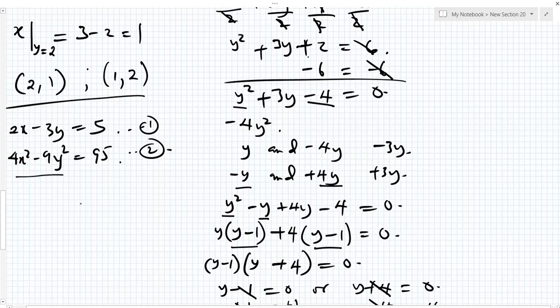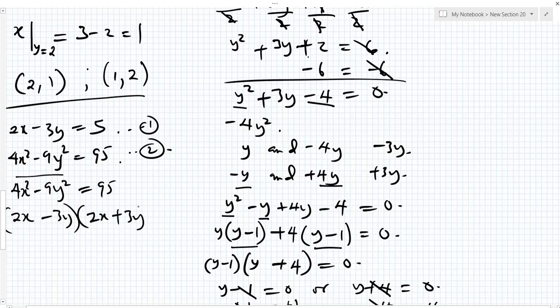This expression, 4x squared minus 9y squared equal to 95, is the same thing as saying 2x minus 3y times 2x plus 3y equal to 95, because when you expand this expression, you get this same thing here.